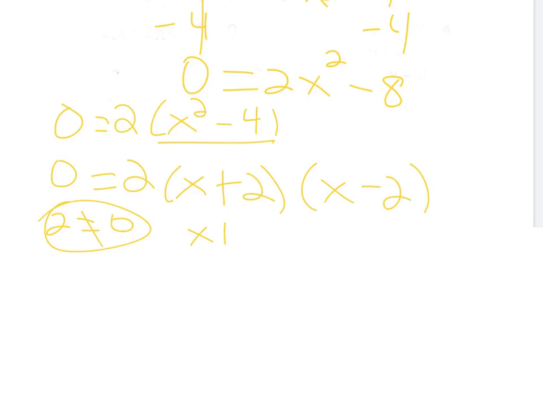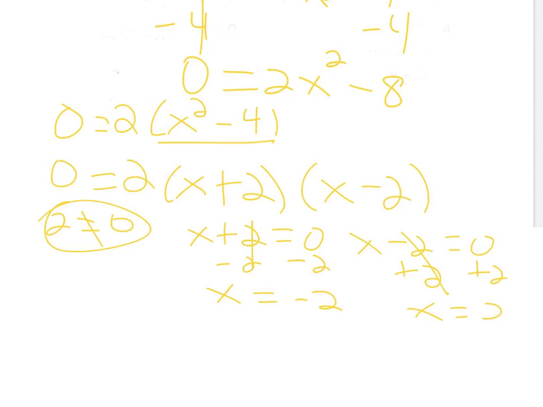So then I'm just looking at x plus 2 being equal to 0 and x minus 2 being equal to 0. For the plus 2, I would subtract 2 from both sides, and I'd be left with x being equal to negative 2. For the minus 2, I would add 2 to both sides. So the 2's again would cancel each other out, and I'd be left with x being equal to positive 2. So x is equal to negative and positive 2.